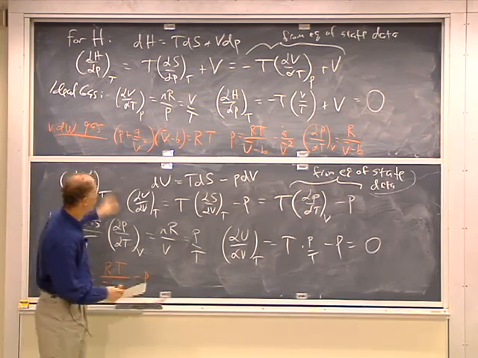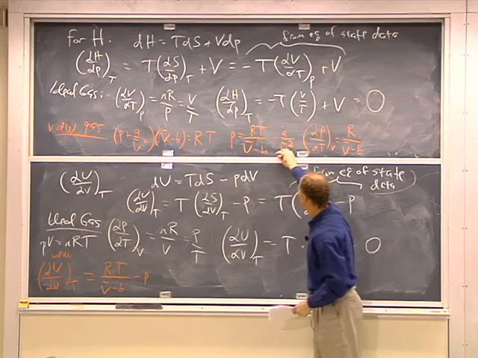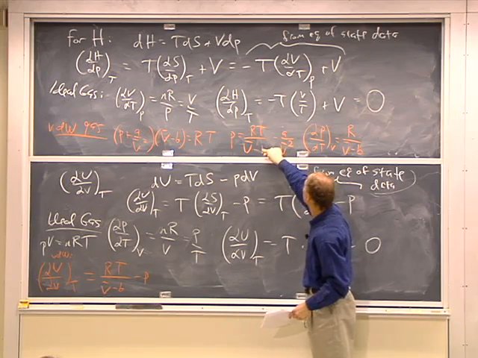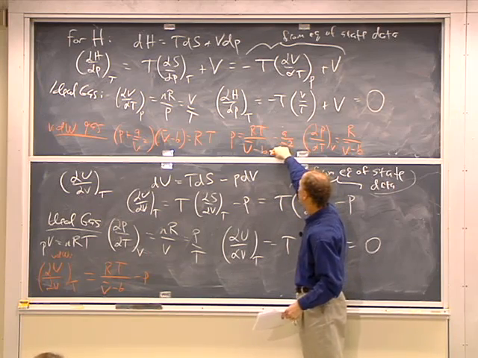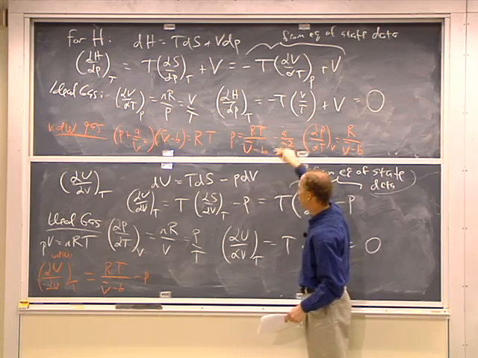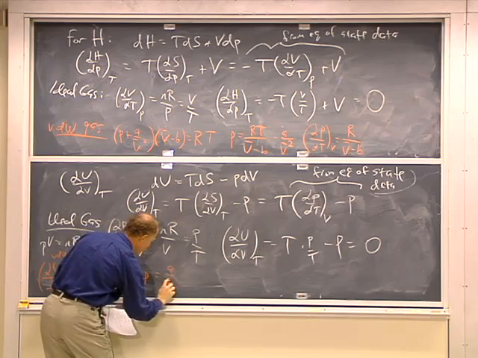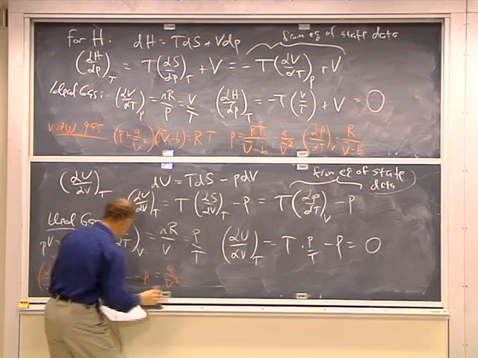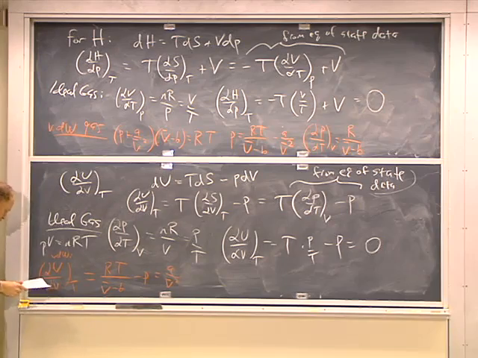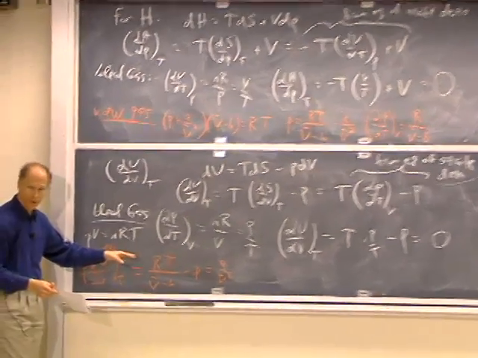But in fact, if you go back to the van der Waals equation of state, here's RT over V minus B. If we put it as minus B, that's just equal to A over V squared, equals A over molar volume squared. But the main point is, it's not 0.